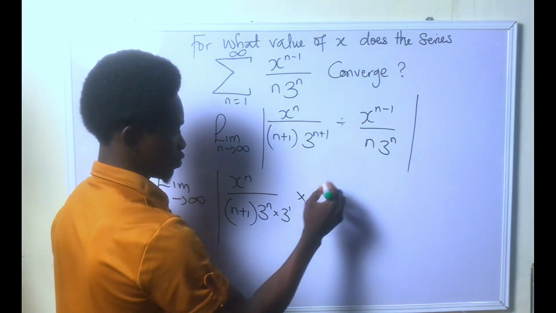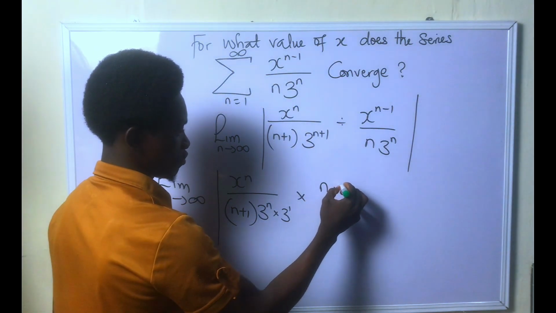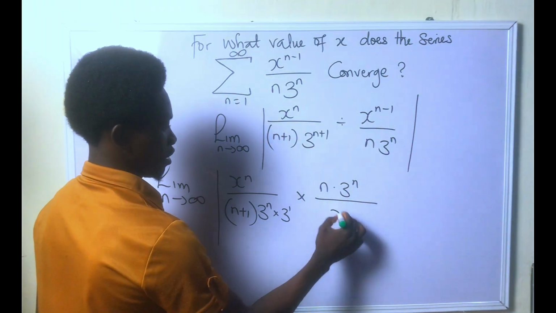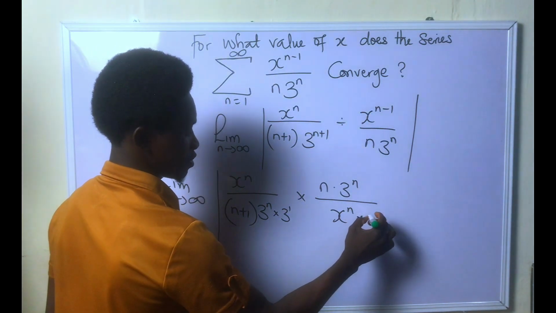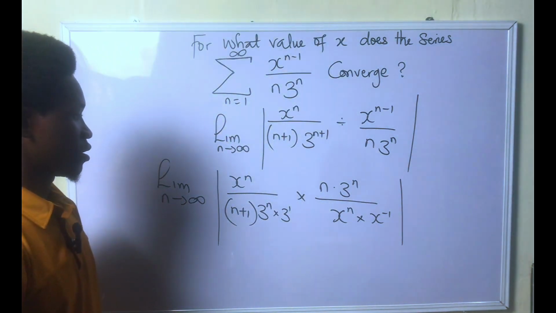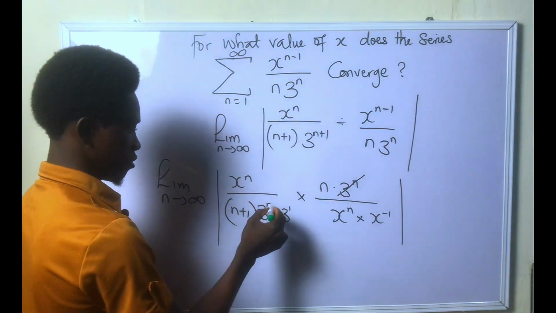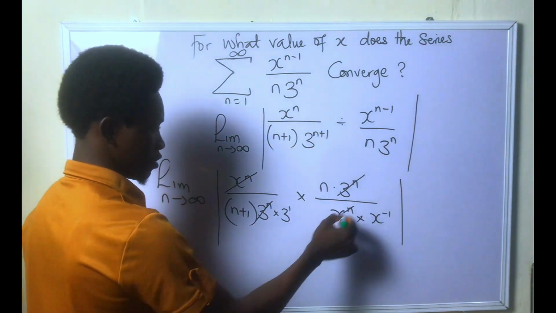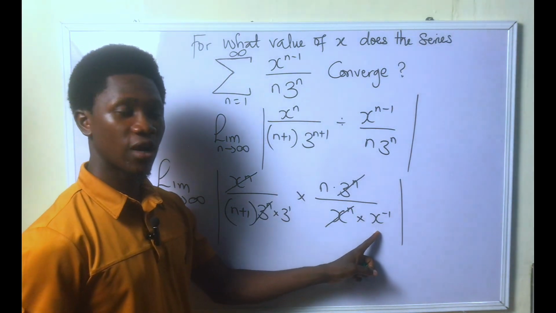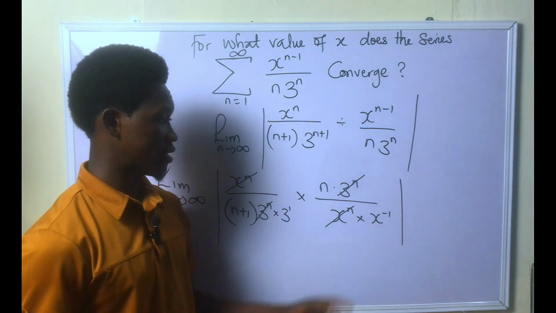Then times the reciprocal, n times 3^n over x^n times x^(-1), still from the law of indices. So it means that this takes out this, and this takes out this. Now the inverse of 1 over x will be x.